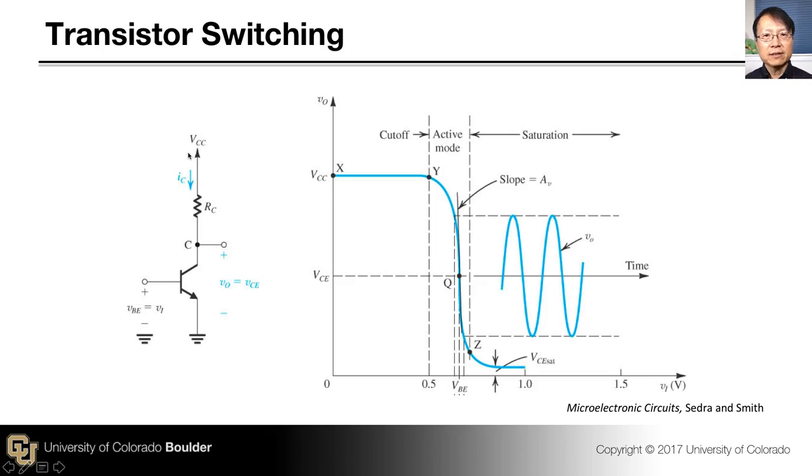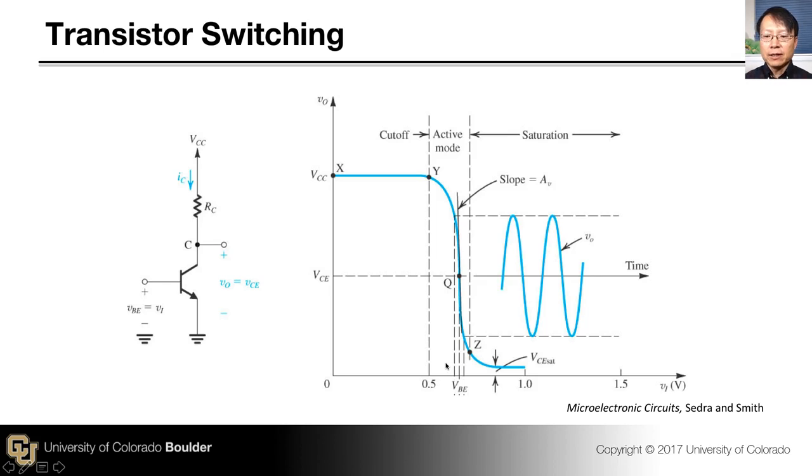If you plot the transfer characteristics, which means the relationship between the input voltage, the base voltage, and the output voltage, the collector voltage, you will see that at very low input voltage the device is in cutoff, and at very high input voltage the device is in saturation. In between, the device is in active mode.